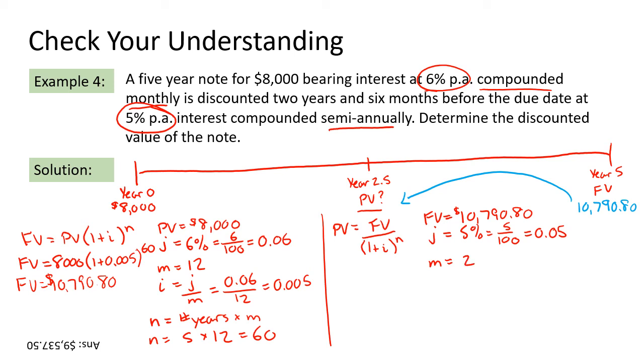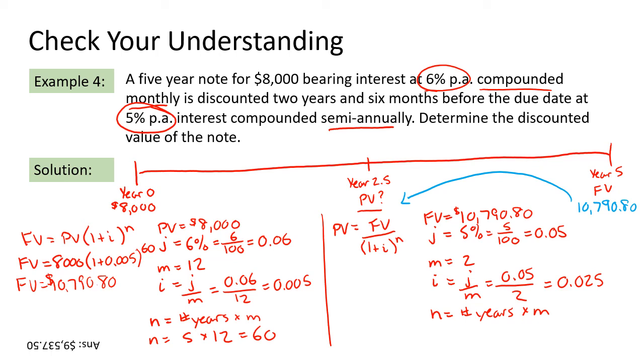So, again, we can calculate our interest rate I, which is equal to J divided by M, which is equal to 0.05 divided by 2, which equals 0.025. Our last step, N, the total number of compounding periods, is equal to the number of years multiplied by M, which is our compounding periods per year.